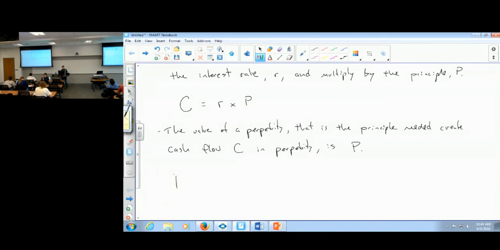Right? So the value of this thing at any given point in time, we just resolve this equation for P. Right? So we're going to divide R to the other side. It's going to be the cash flow divided by R.